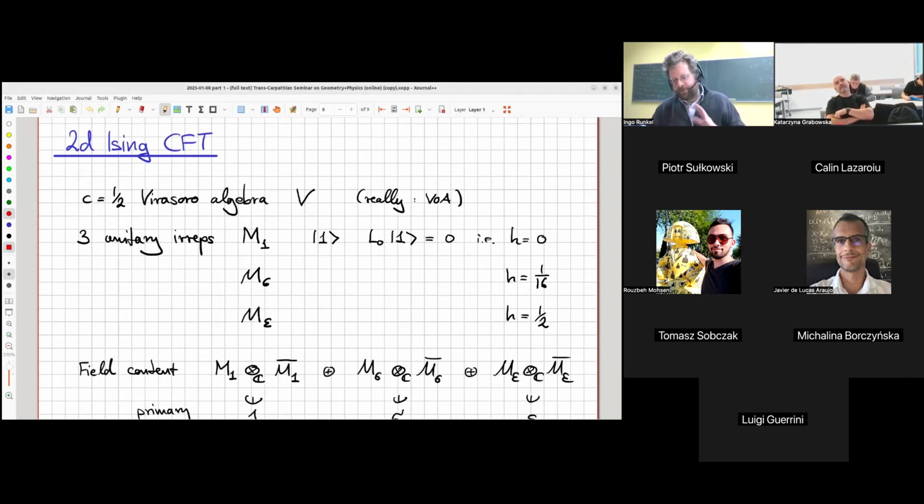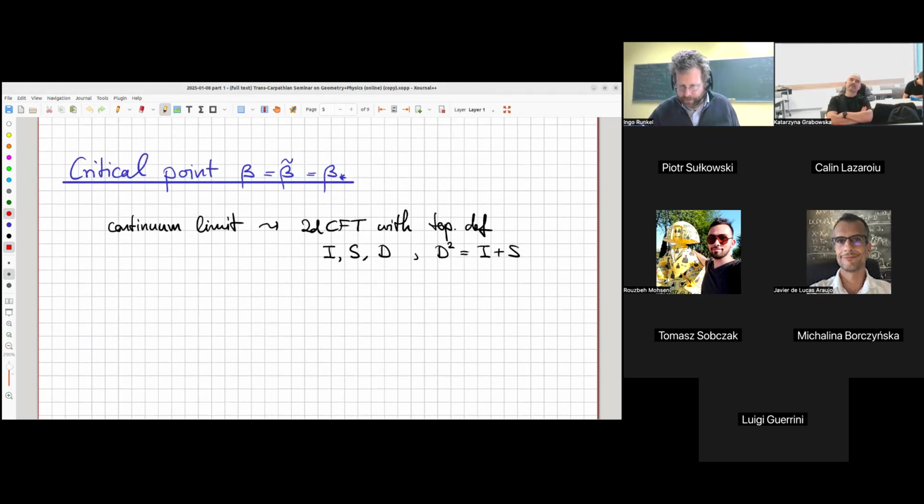So I want to spend maybe 10 minutes to talk about conformal field theory. If I do the Ising lattice model and I place it at the critical point, then its continuum theory is a conformal field theory. And we have just discovered that at the lattice model, we had the trivial defect, the spin flip defect, which is within a model at a given temperature, and the duality defect, which relates the model and the model at the dual temperature.